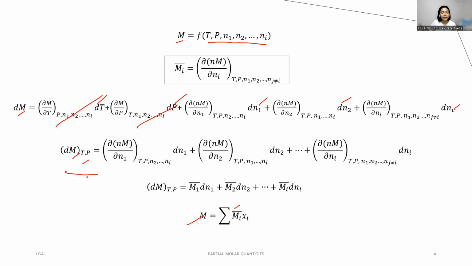So any extensive thermodynamic property M is equal to the summation of its corresponding partial molar quantity multiplied by the molar fraction xi for all components.